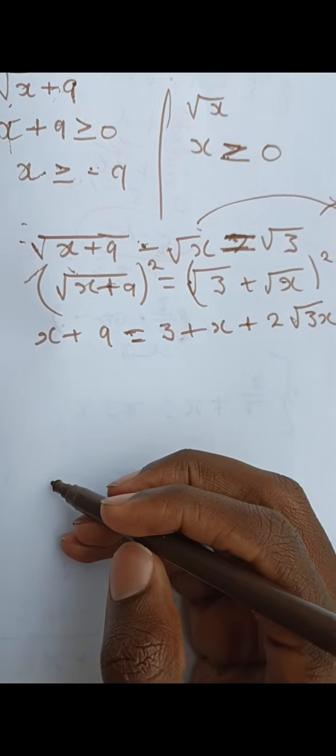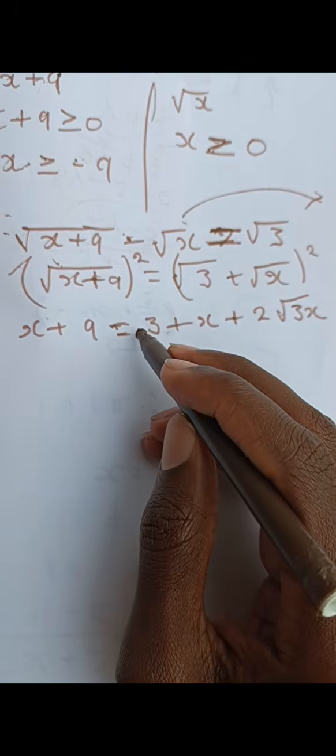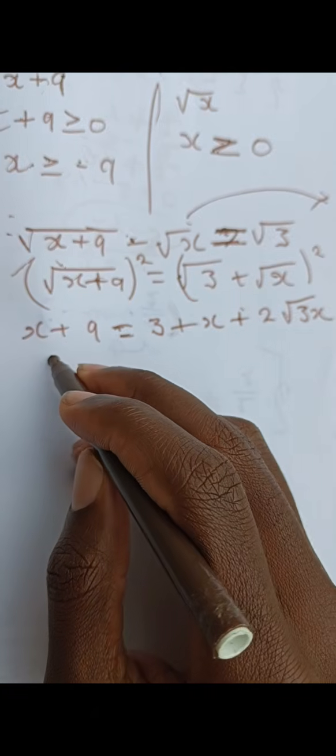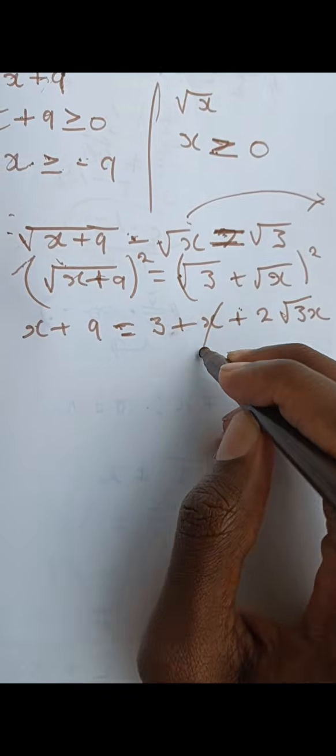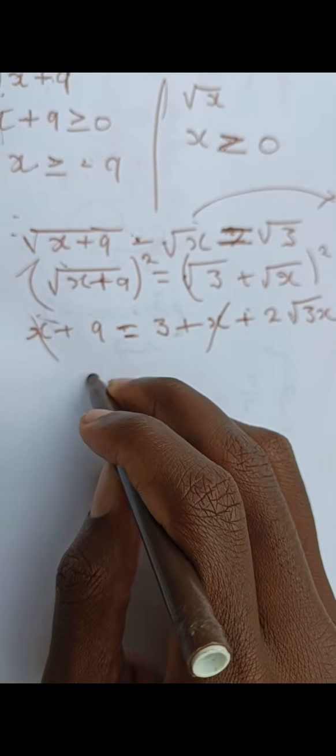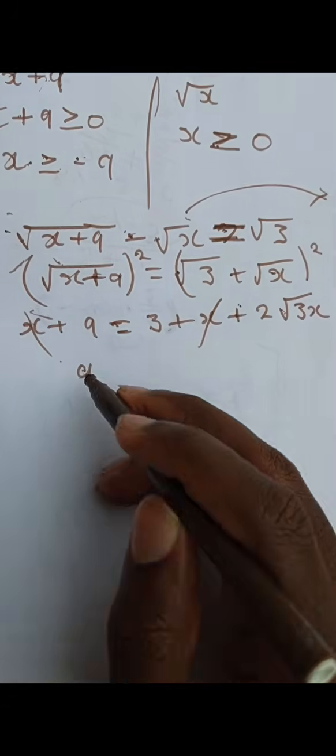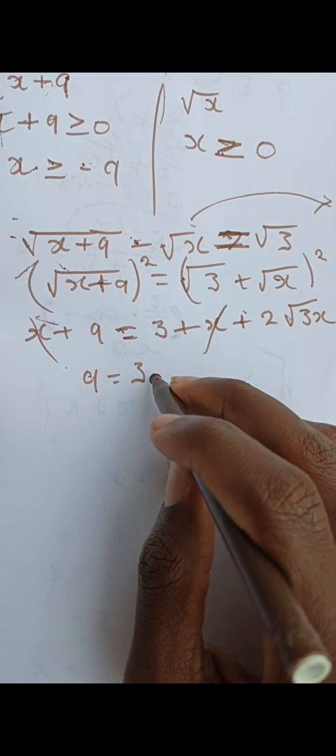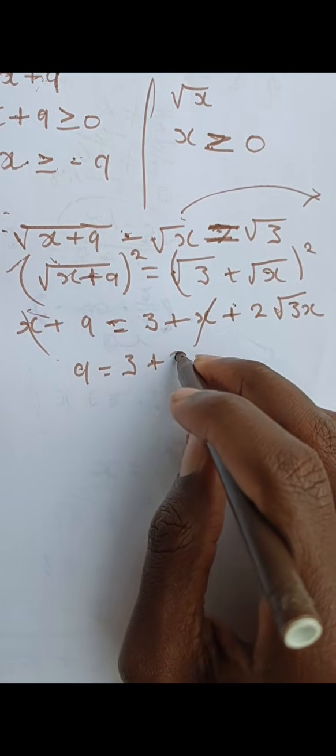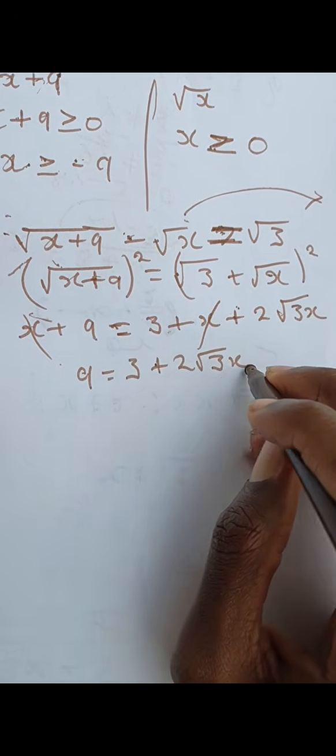Then I'm going to take all these to the other side. Actually, x and x will cancel, so I'll just remain with 9 is equal to 3 plus 2 square root of 3x.